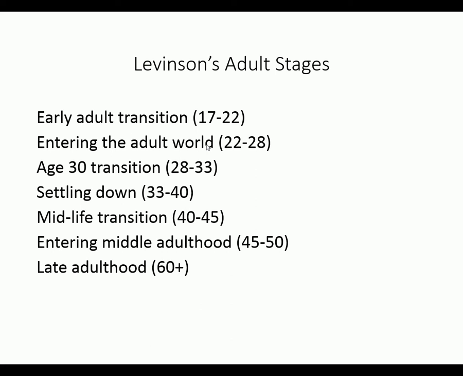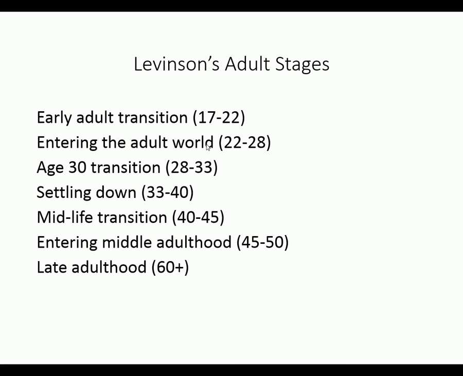And at the end of entering the adult world, they're going to go through the age 30 transition, which is 28 to 33 years of age. And this is changing their life structures, which are more moderate to severe in stress. It's continuing to build on that life as an adult.